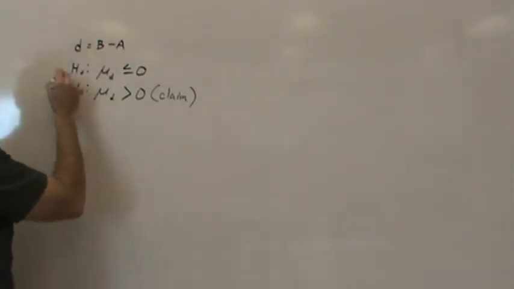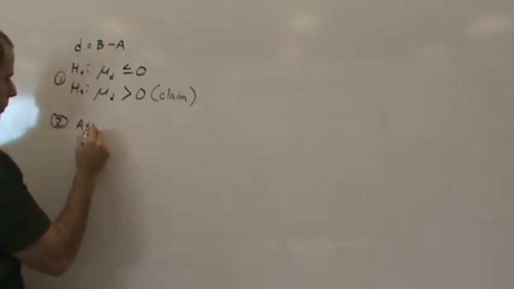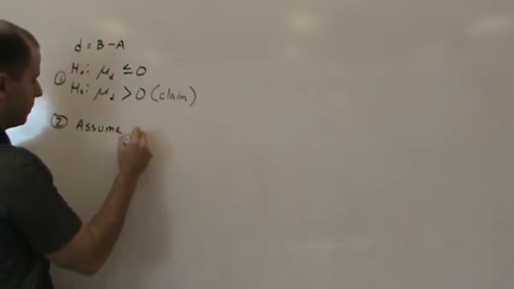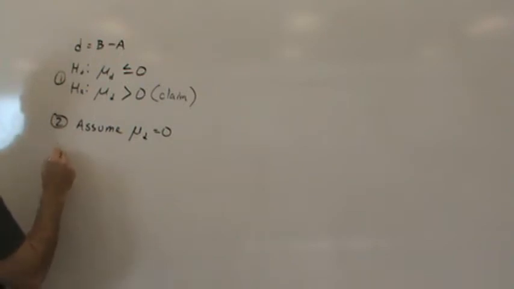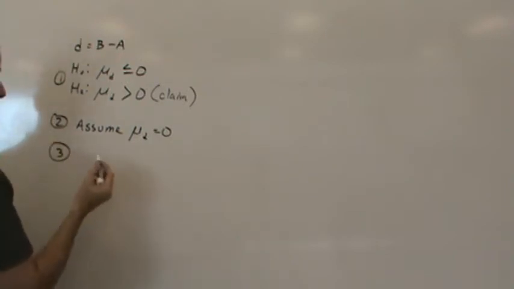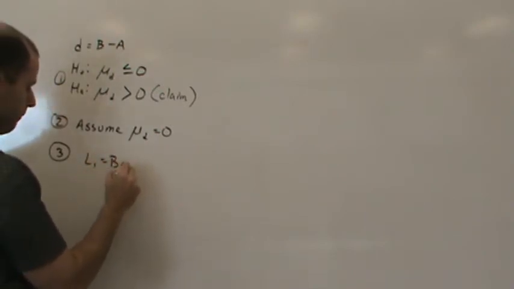Now, the next thing is I'm going to assume that mu sub d is 0. Why? Because I'm assuming the null is true. No significant difference. So now this is where I'm going to put my data in. So now L1 equals my before data.